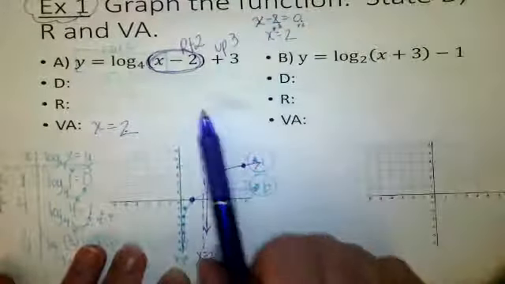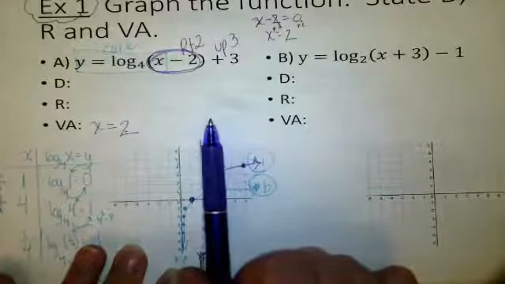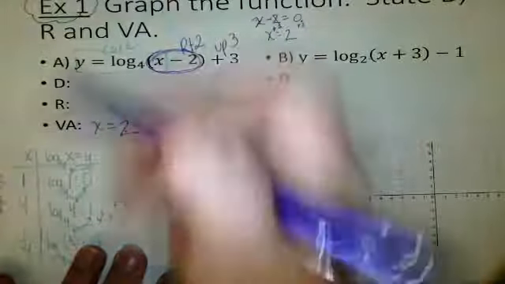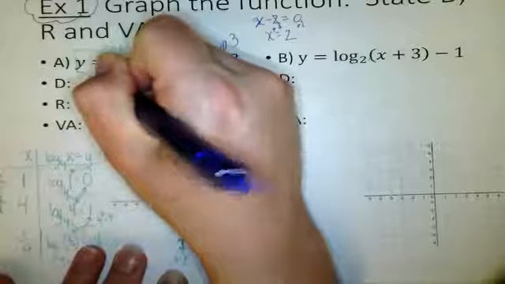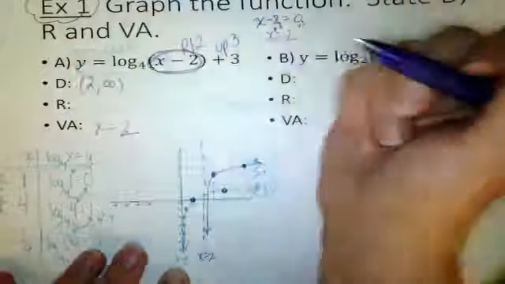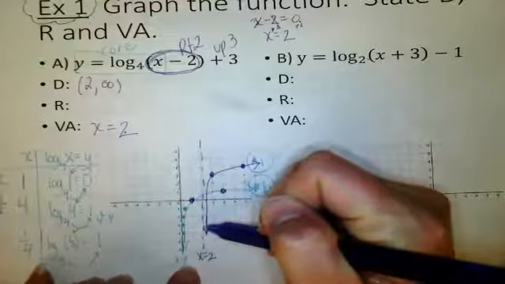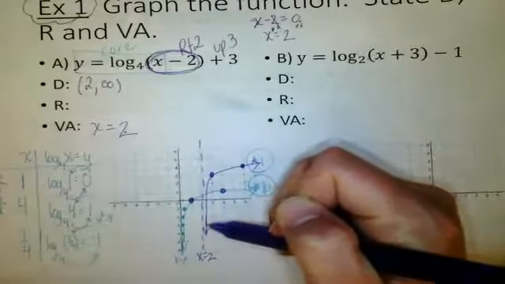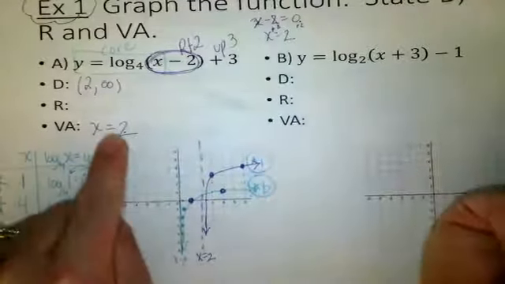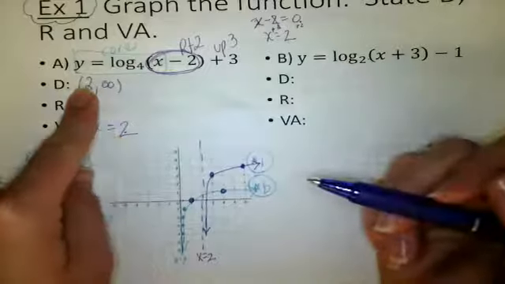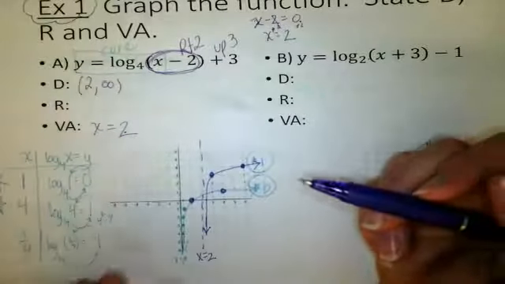So where? 2. Yeah. So it starts at 2 and it goes forever to the right. We use a parenthesis because that means that we're getting very, very close to 2, but not actually ever going to equal 2 because it's already an asymptote. It can't also equal 2 here. So we make sure we use the parenthesis.